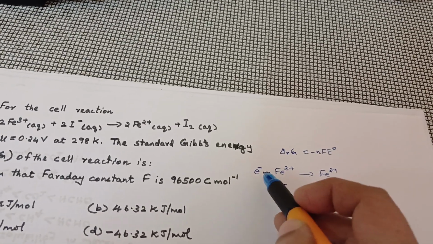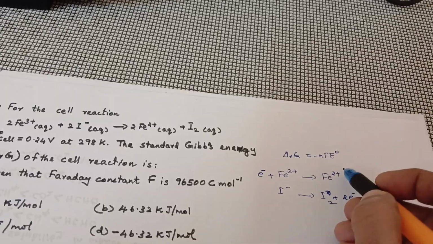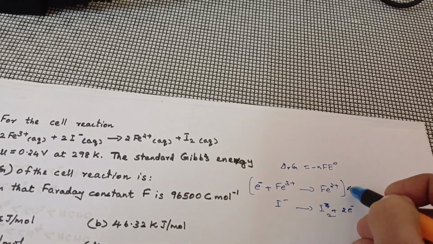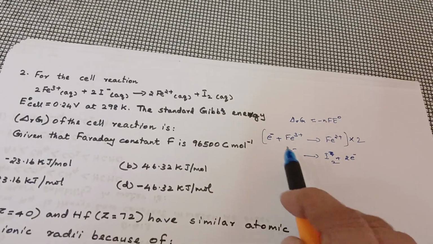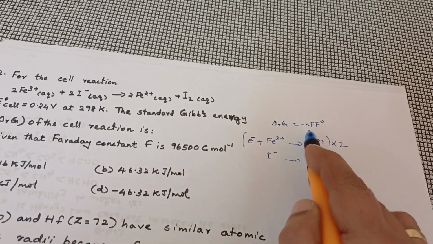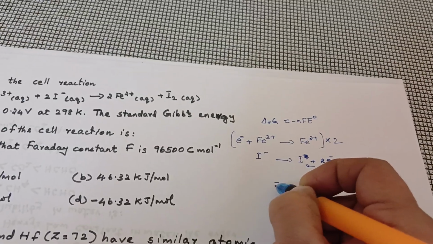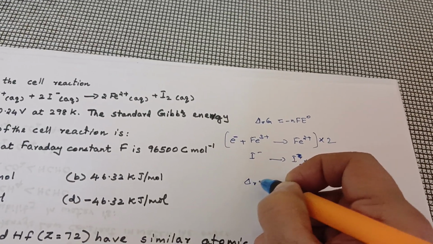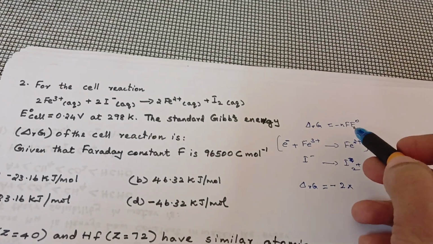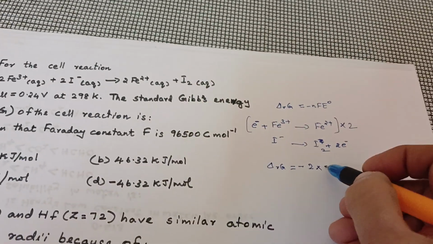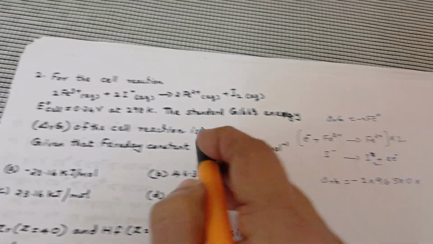Now we have to equalize the number of electrons. So the number of electrons involved is 2. We can directly get it from the equation, but for those who are finding it difficult, the number of electrons, that is n, is equal to 2. Now it is direct application. So delta rG equals minus 2 into F, F is given as 96,500 coulombs, into E0.